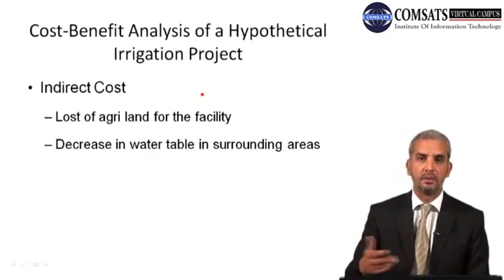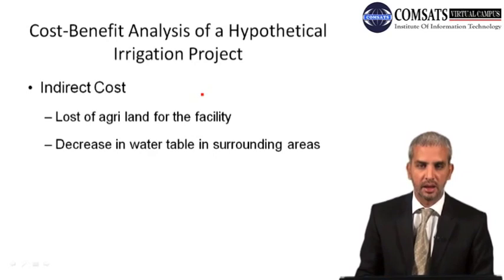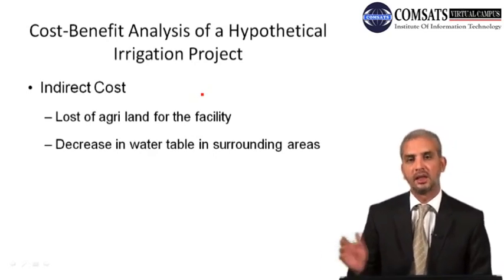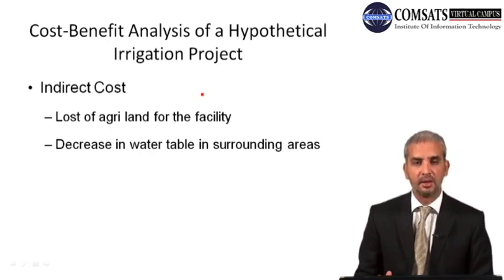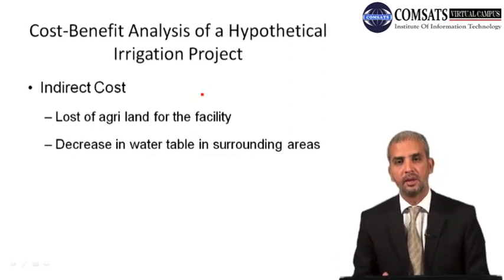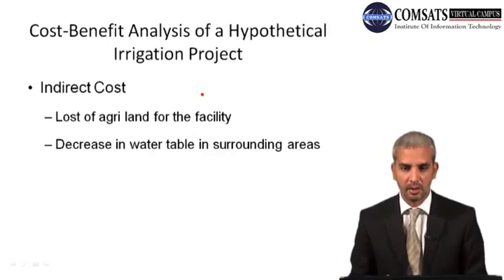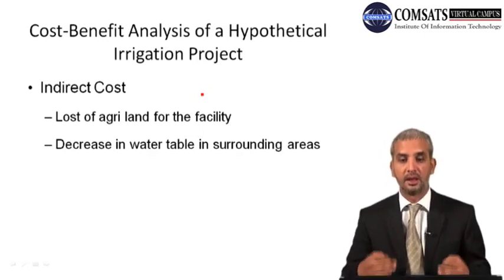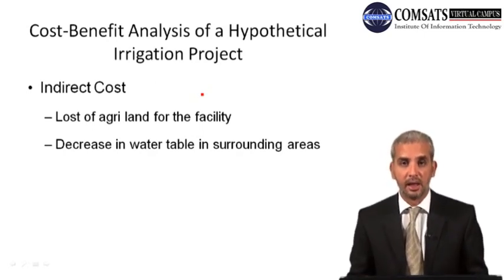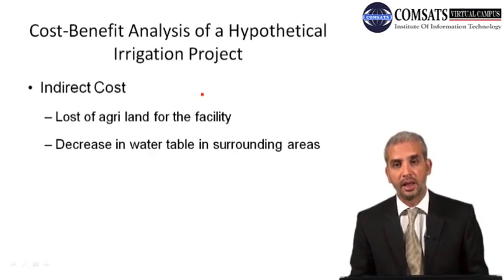So that would again come as an opportunity cost, and as an indirect cost. It is again an externality that needs to be accounted for. Then, maybe that land was open wilderness in which wildlife survived, and the difficult thing would be to put a price tag on that piece of land.